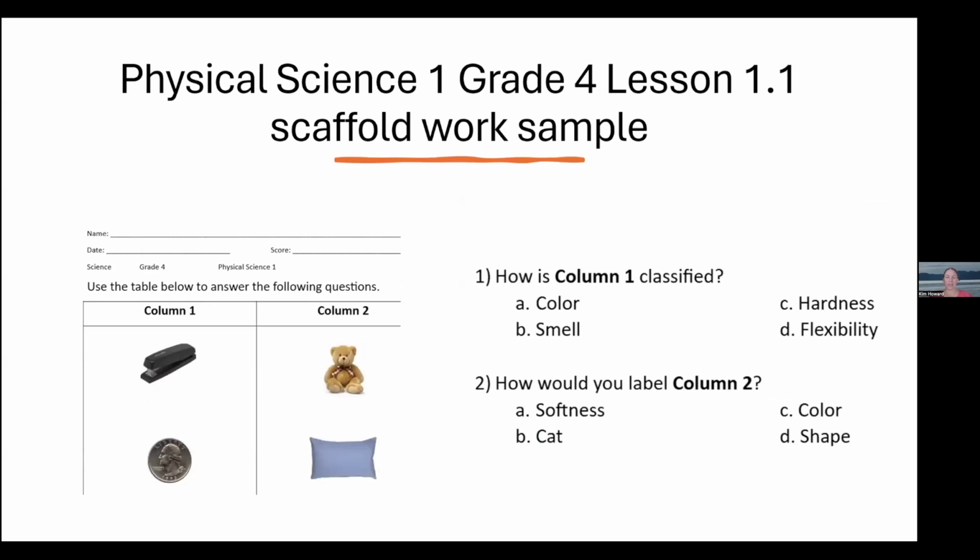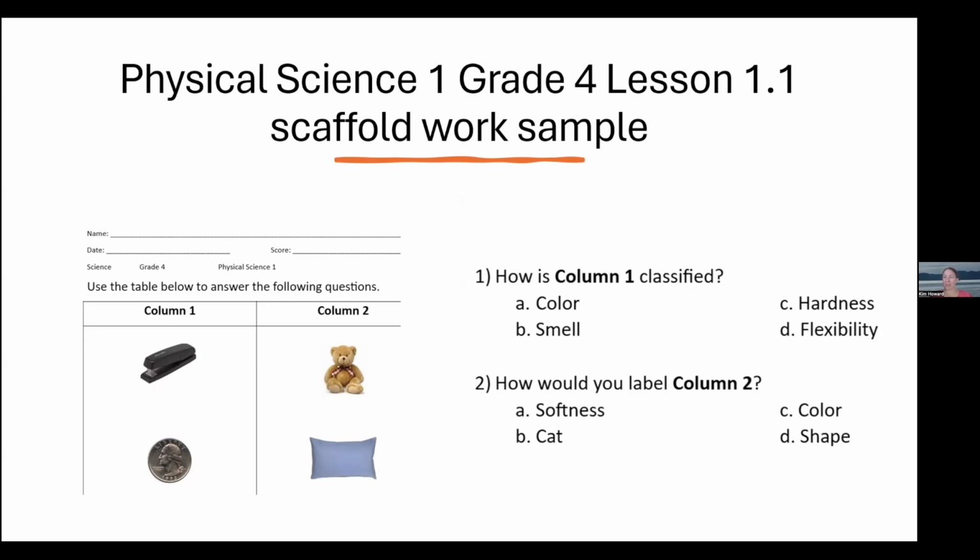And then inside of that Google Drive, this is their scaffolded work sample that they provide. Here's a column and they're suggesting a stapler, a teddy bear, a quarter, and a pillow, right? And then you're deciding how are you classifying the items in column one? How are you classifying the items in column two?